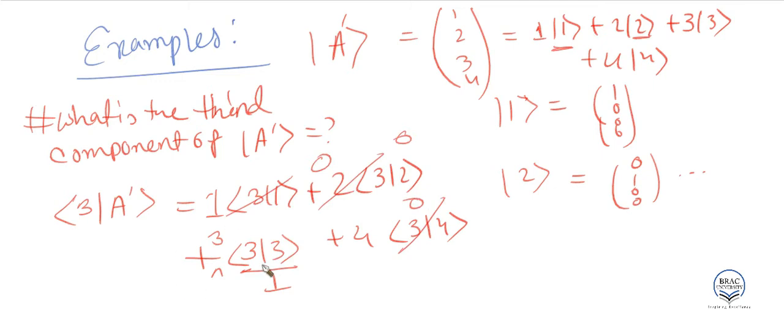And also notice that instead of the sandwiching thing, you could also write 3 times <3|3>. This is the ordinary scalar multiplication, because whenever you have a bra and a ket and you sandwich them, you always get a number, and when numbers are multiplied, they are commutative, that is, the order doesn't matter there. So this is just 3.